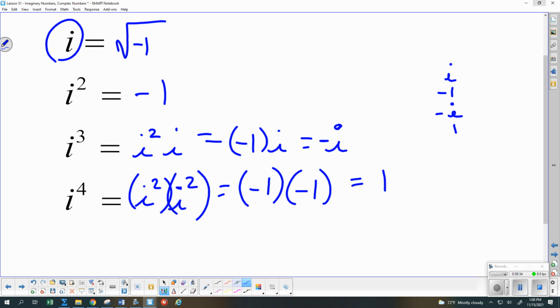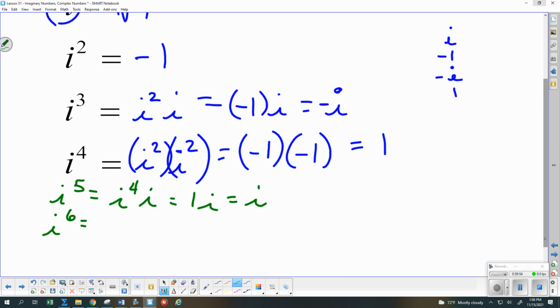Let's keep going. i to the 5th will be i to the 4th times i. But how much did I just say i to the 4th is? 1. So this is 1 times i, or i. i to the 6th is i to the 4th times i squared. i to the fourth is 1, i squared is minus 1, so that's minus 1. i to the seventh is i to the fourth times i cubed.